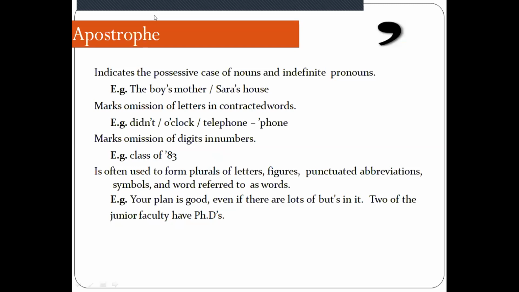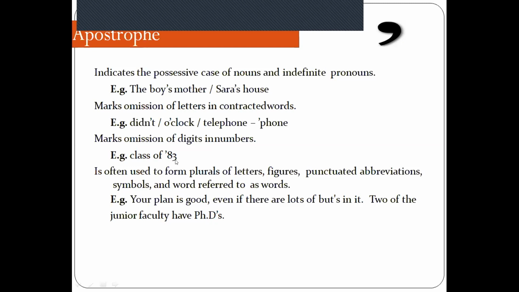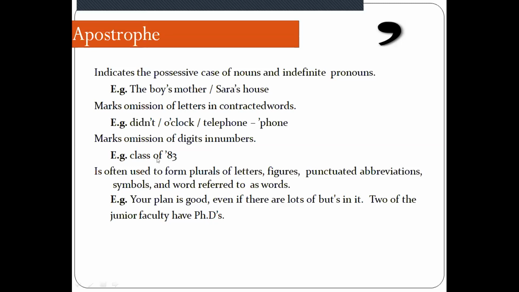So the apostrophe marks omission of letters in contracted words, date, o'clock, telephone, and so on. It also marks omission of digits in numbers, like a class of '83. Some numbers you omit, you put an apostrophe there.